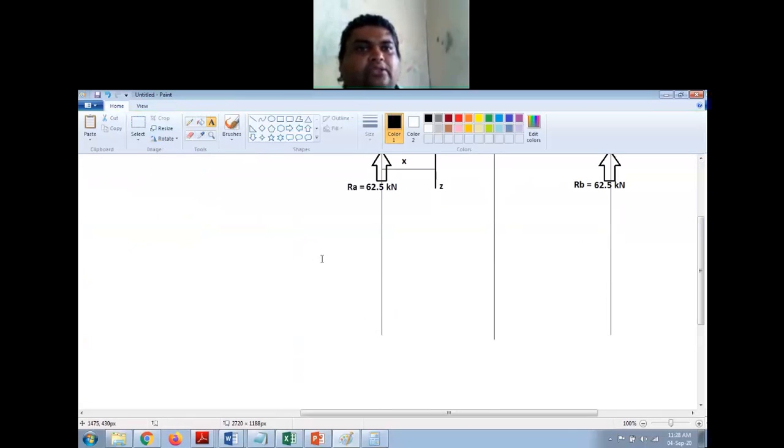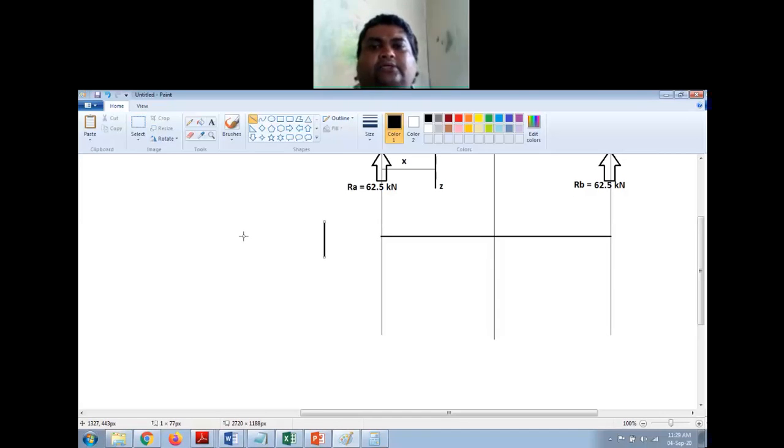So how to draw the shear force diagram? Now for drawing the shear force diagram, what you have to do is first draw a horizontal line. This horizontal line is representing the neutral axis of the beam. Now this line represents 62.5 kilonewton force.